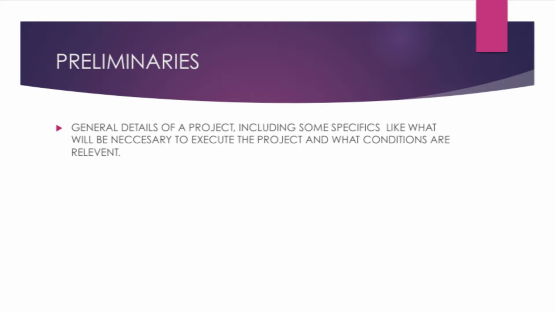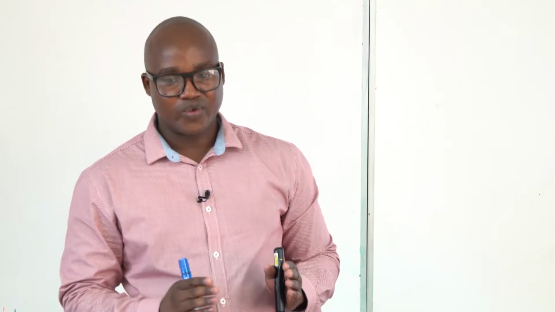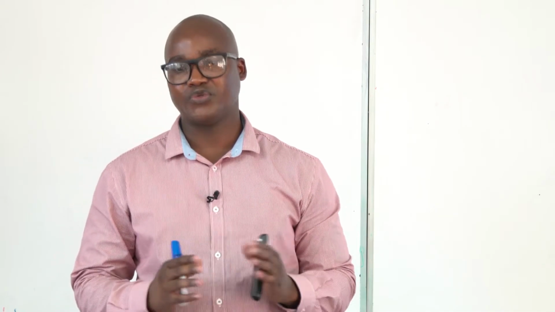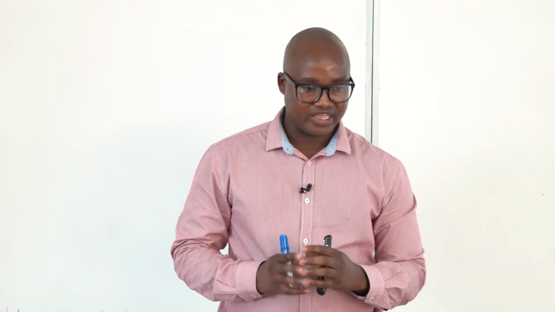Usually before the start of the project, we have to prepare the site, we have to demarcate the site, we have to allocate the offices, we have to do the water connections, we have to hire the security company to be on site full time. So those are falling under the category of preliminaries.